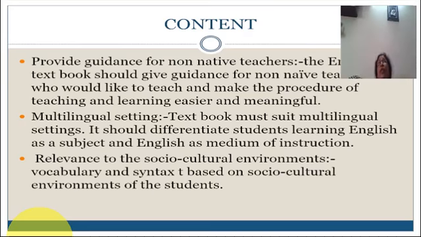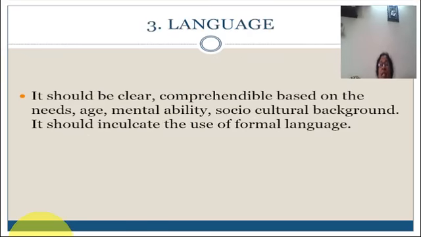And even a good textbook constructor keeps in mind the socio-cultural environments of the students and includes the vocabulary and syntax accordingly. The last part of textbook analysis is the language aspect.